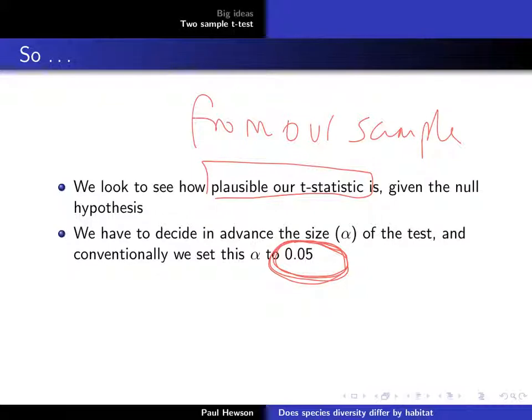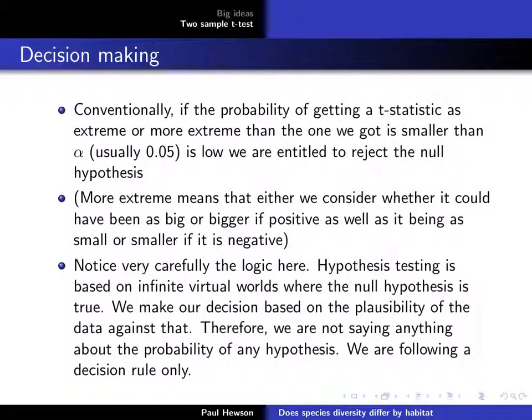So if we find a p-value later on less than 0.05, we're entitled to reject the null hypothesis. Conventionally, what this means is the probability of getting a t-statistic from our data that is as extreme or more extreme than the one we got is less than 0.05.